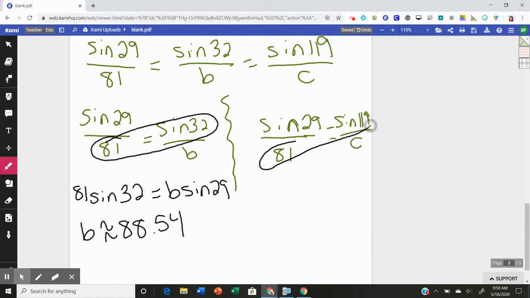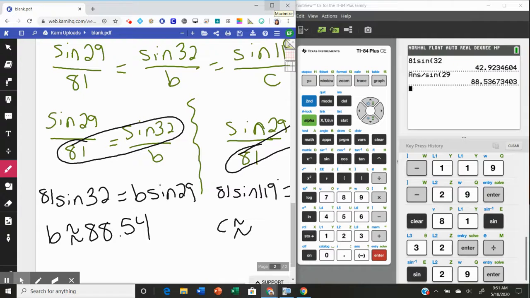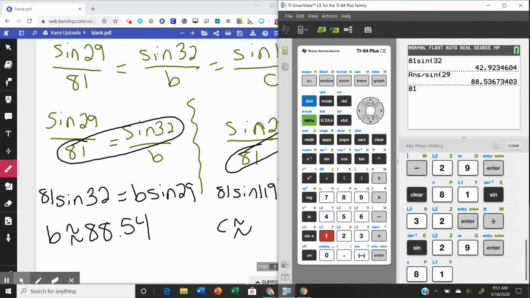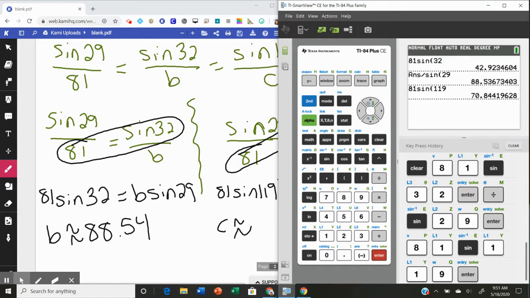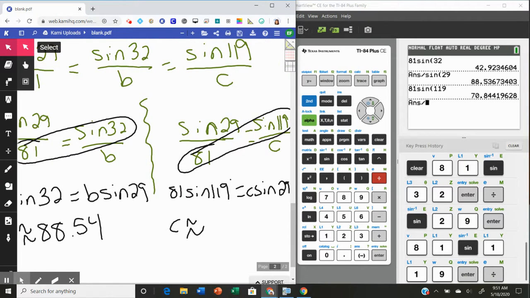All right, so let's take a look at our other one. Same concept. I'm going to cross multiply. So 81 times the sine of 119 degrees is equal to C times the sine of 29 degrees. So C is going to be approximately 81 times the sine of 119 degrees, and then we're going to divide that by the sine of 29.